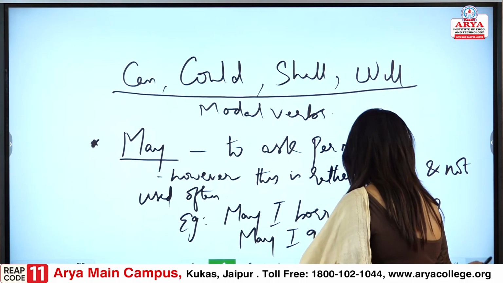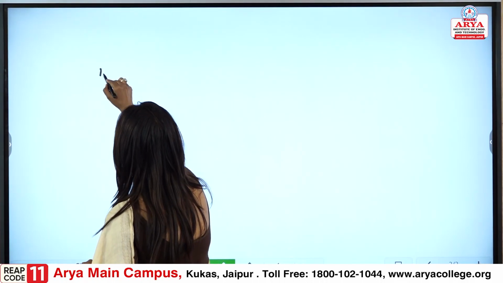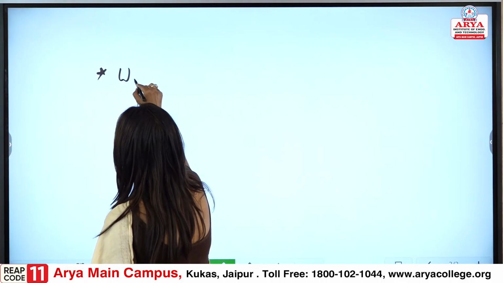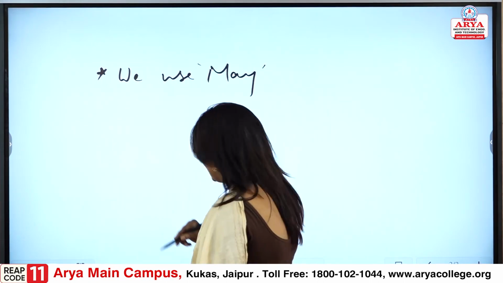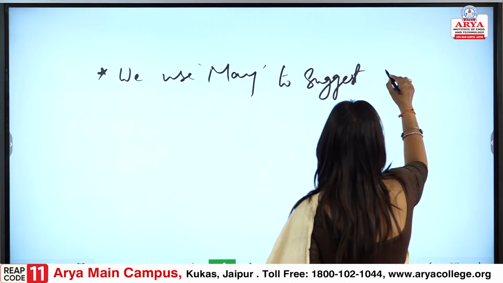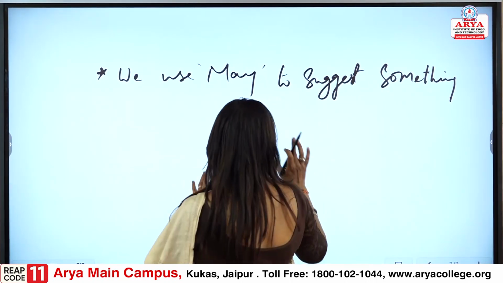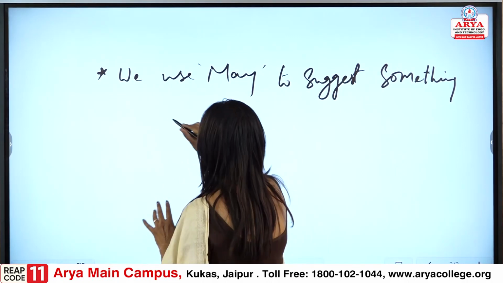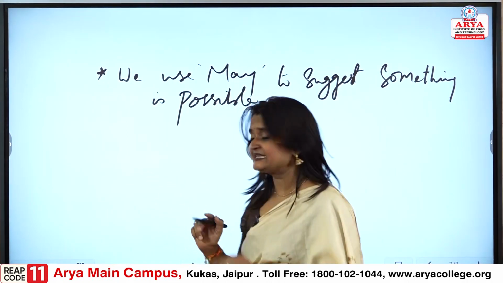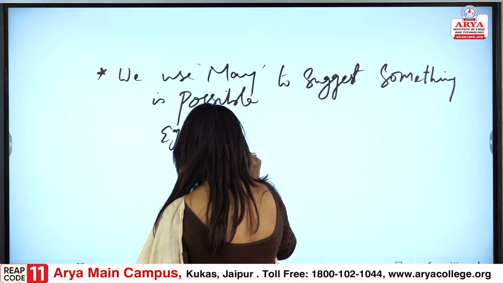Next, the second point we need to take care of is that we use may to suggest something is possible. Let us take an example.